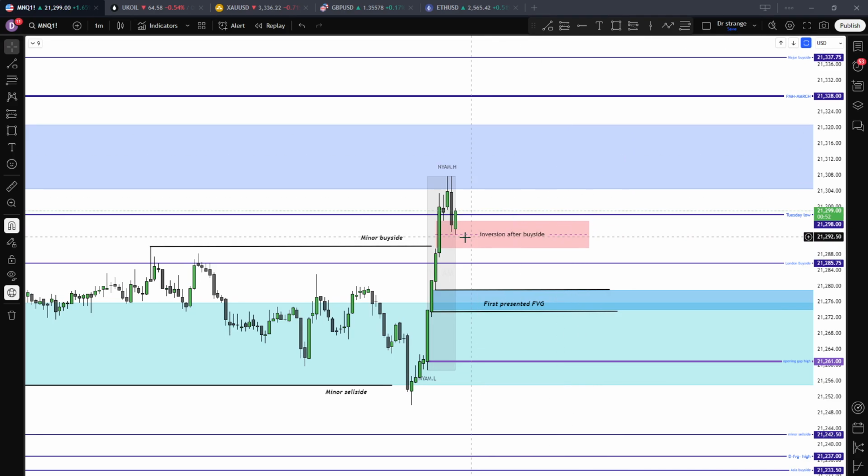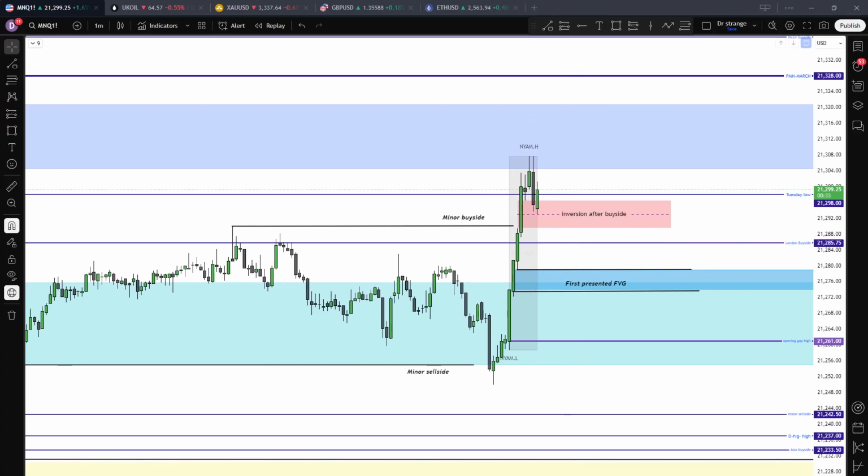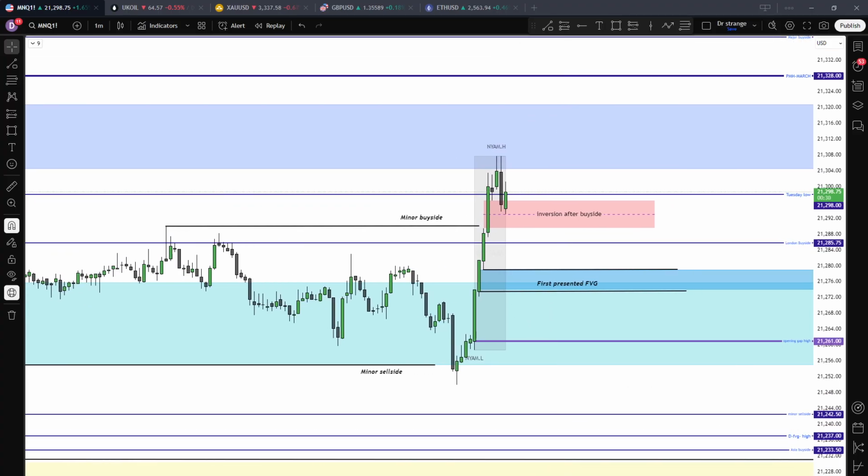How does this candle behave? Does it immediately rebalance? If this candle is bearish, we can be sure that we are going to reach the first presented fair value gap. If we see the same pattern, we are 100% sure that we are reaching here. Okay?